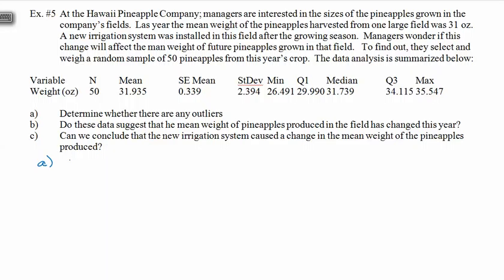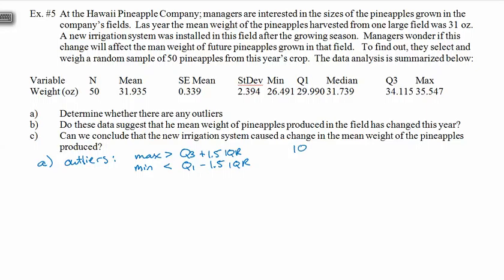So for outliers, recall that we would have an outlier if the maximum is greater than Q3 plus 1.5 times the IQR, or if there is a minimum that is less than Q1 minus 1.5 IQR.